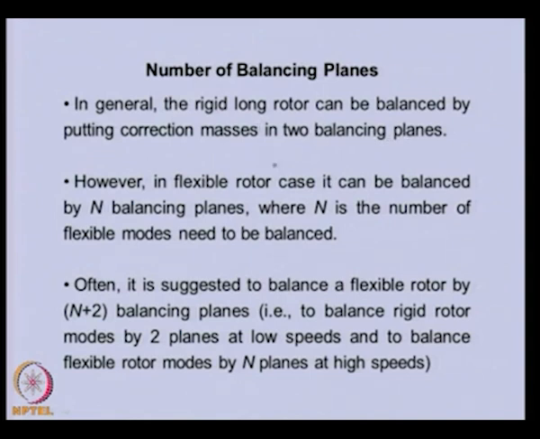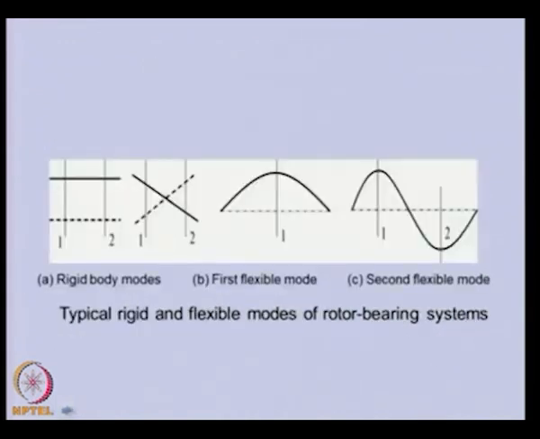The total number of balancing planes will be the summation of this, that means n plus 2 balancing planes will be required. So, 2 planes will be required at slow speed and n planes at high speed. Total n plus 2 balancing planes will be required to balance a flexible rotor over the whole range of operating speed.